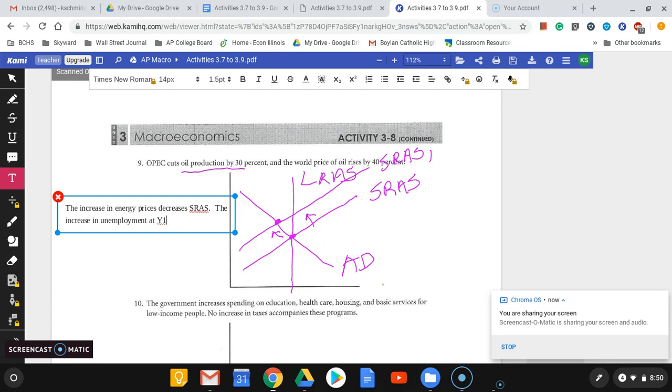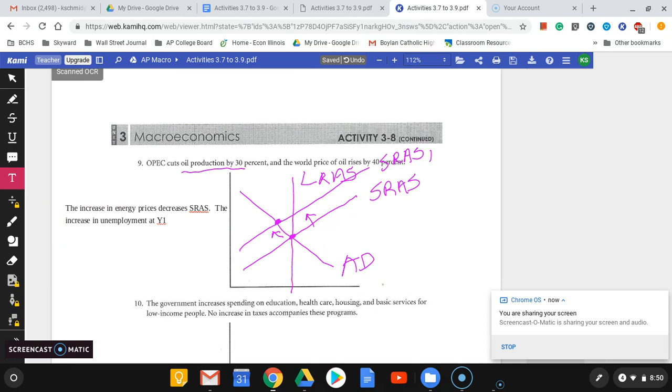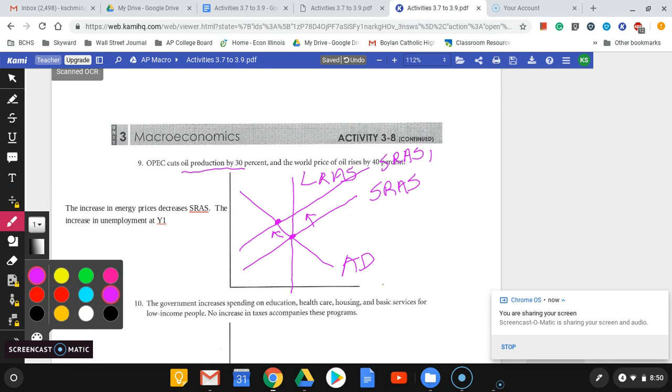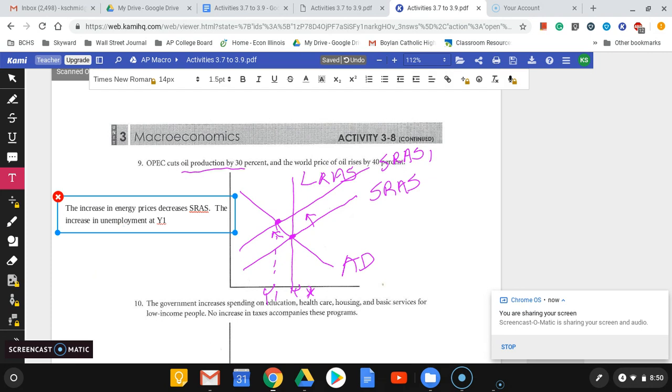So here's where we were. You can see now that Y1 has moved away from where we were originally. Okay, so production has fallen, so there's an increase in unemployment.